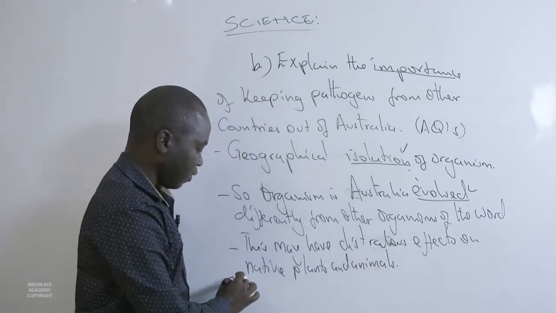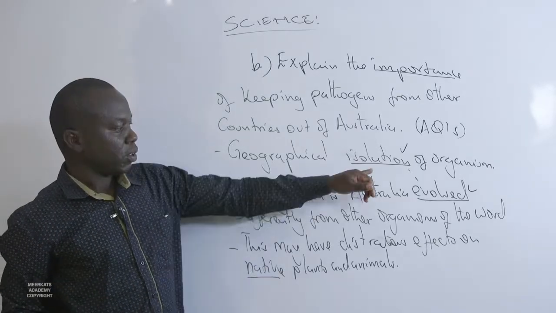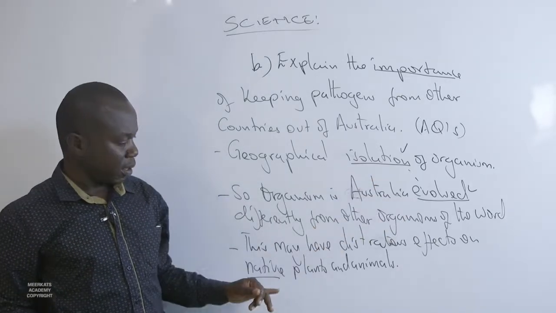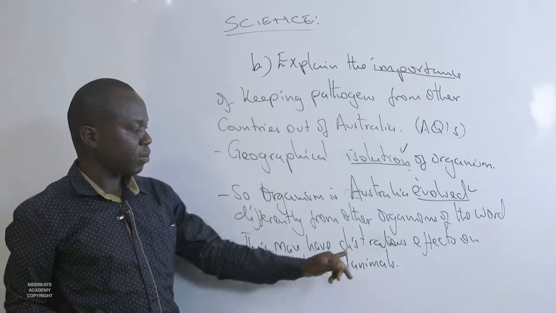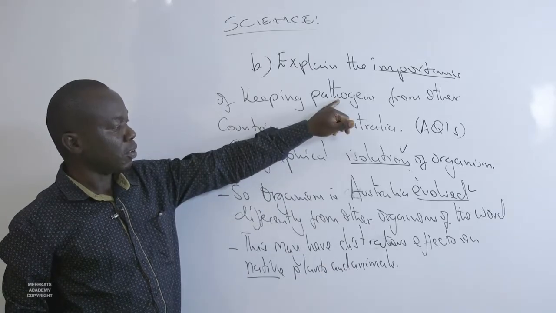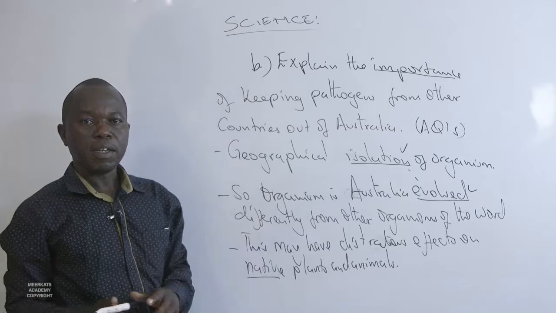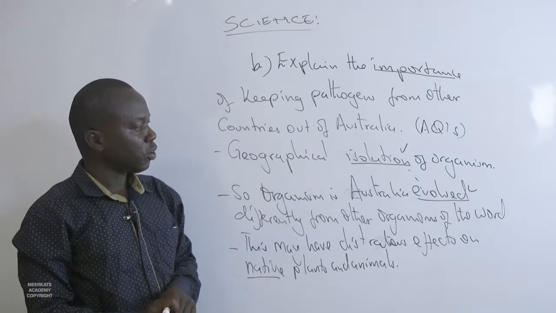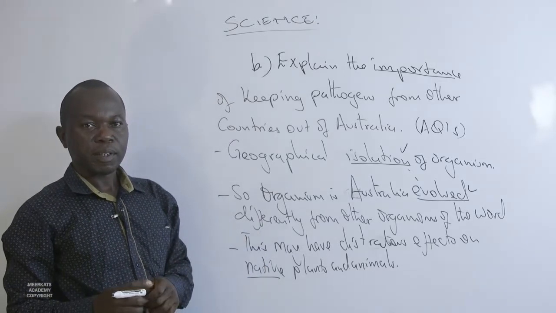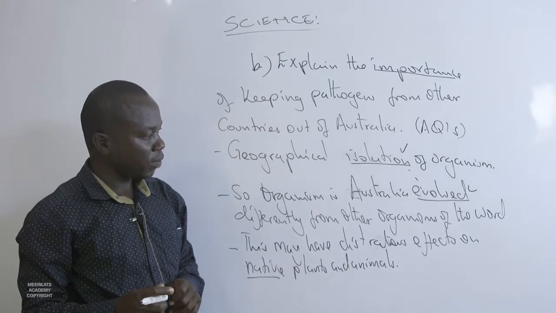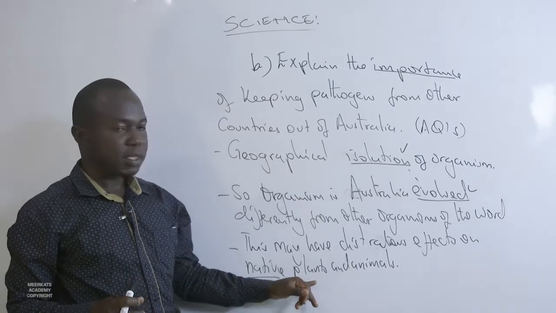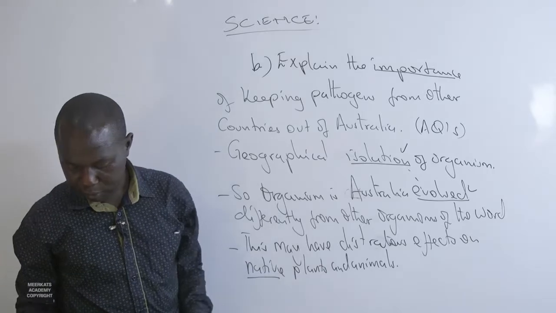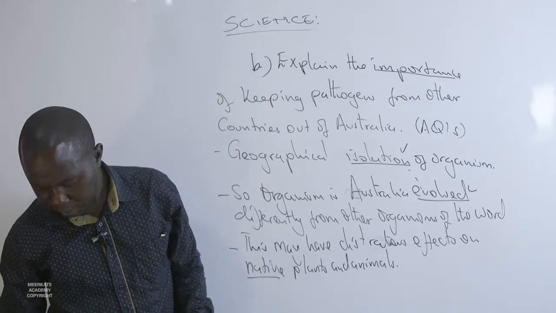So those plants that were isolated and evolved in Australia, they may be wiped out from this kind of pathogens because they have different evolution mechanism, they have different lines of evolution. Therefore, they might be more competitive, successful competitors than the rest.